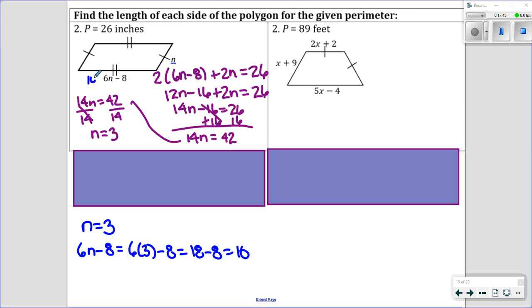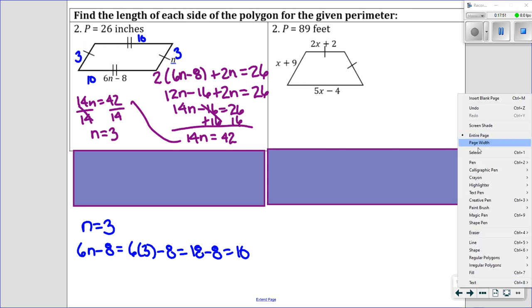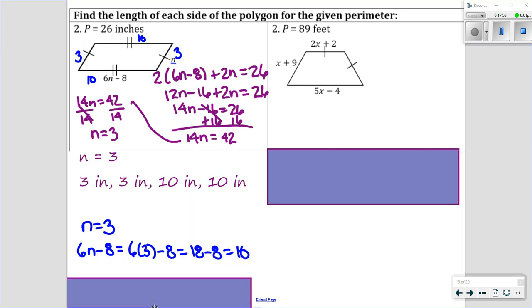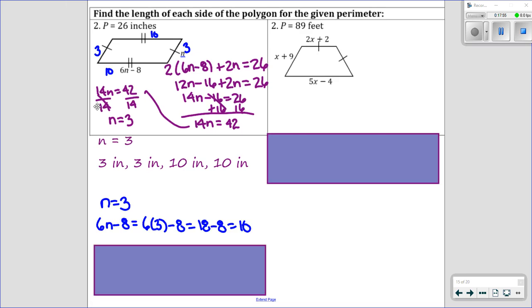So this side is 10, and this one is 3 and 3. And when I add them all up, it gives me 26. And of course you have to label. Make sure you label 3 inches, 10 inches, because if they give you dimensions and they give you a unit, you have to label it.